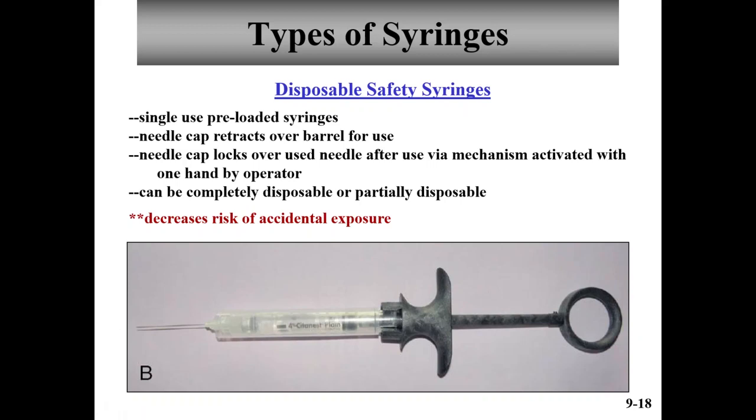These are not really cost efficient. They're expensive to use. So for the most part, they're used in very specific circumstances, maybe on mission trips or something like that, where you don't have access to an autoclave, or you can't autoclave your syringes. That would be a great use for disposable safety syringes.